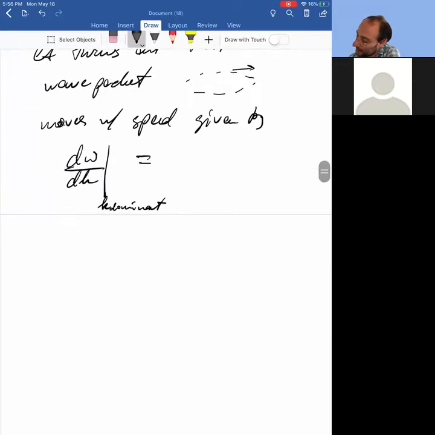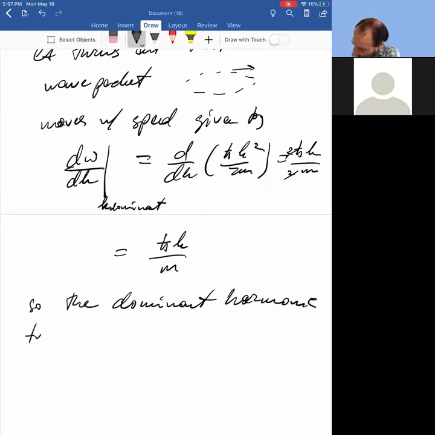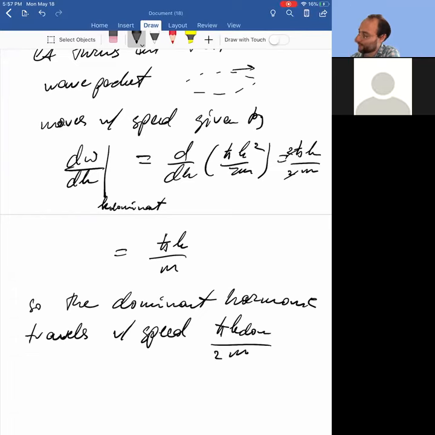Let's see, d omega dk is d dk of h bar k squared over 2m, which is h bar k times 2 over 2m, aha, equals h bar k over m. So the dominant harmonic travels with speed h bar k dominant over 2m.